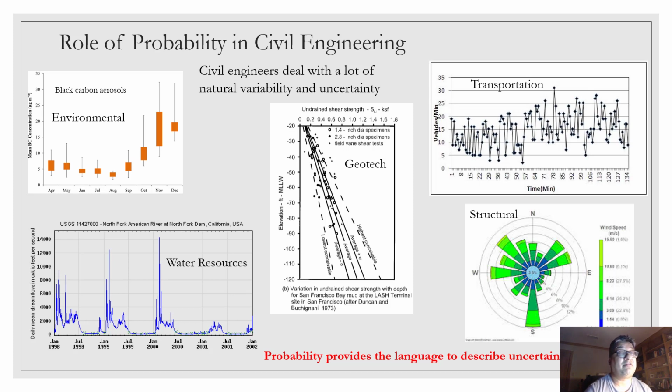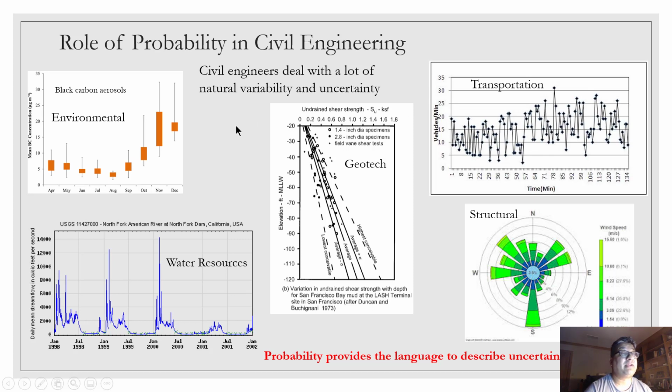Again, here I'm showing you a transportation example, which is the vehicles per minute collected over a little over 2 hours, and you'll see that at this intersection the vehicles per minute vary quite a bit, both in the short intervals as well as over the 2 hour plus duration that we are showing here.